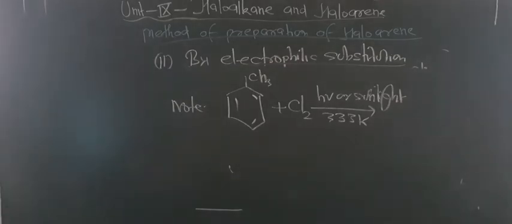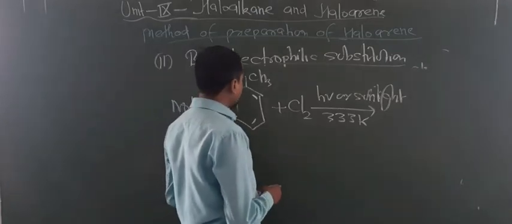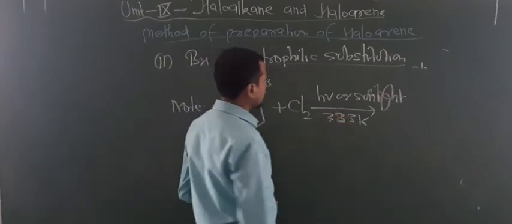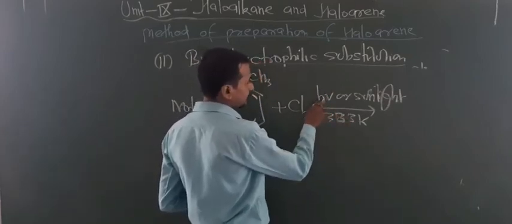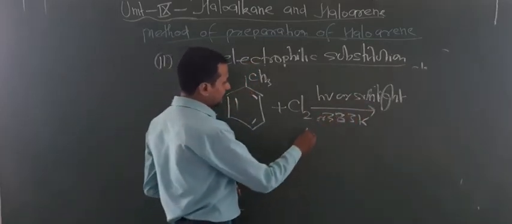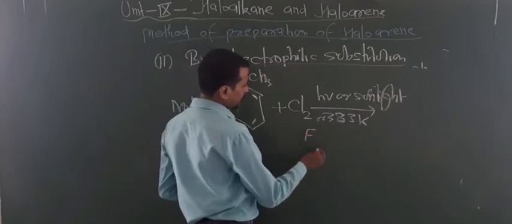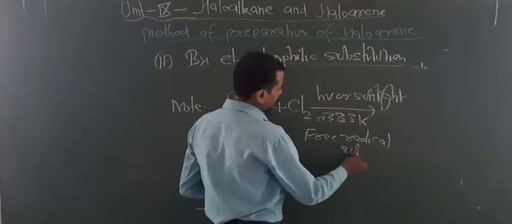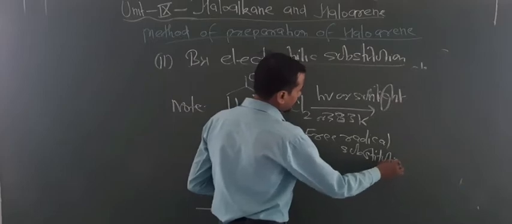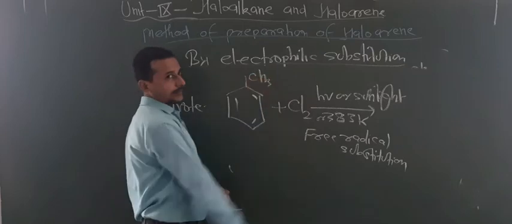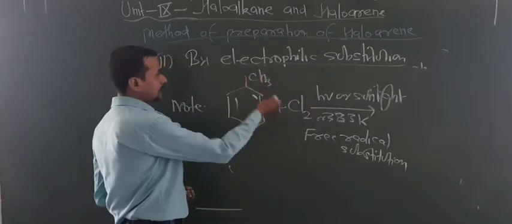In all three cases, either this is given, or sunlight is given, or this is given, these indicate free radical substitution. So this reaction occurs by the formation of free radicals, and free radicals are formed on this carbon. That means this is the side chain substitution.